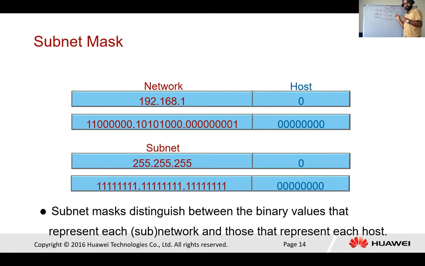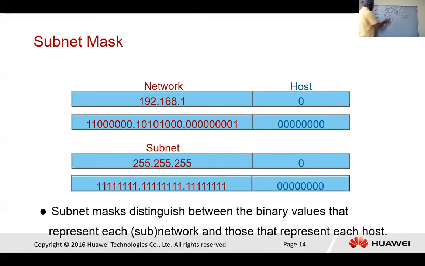In this subnet mask, the first octet is the network ID, and the rest of the three are host IDs. That means when we require a large number of hosts, we use class A, because we have a single octet specifically for the network ID.